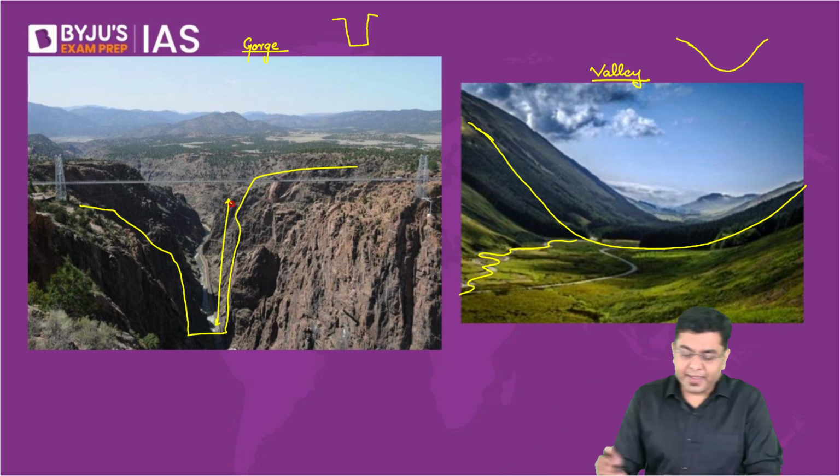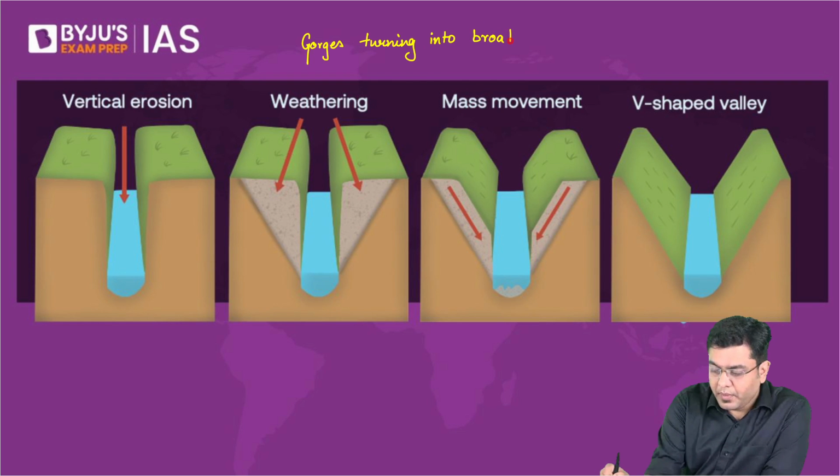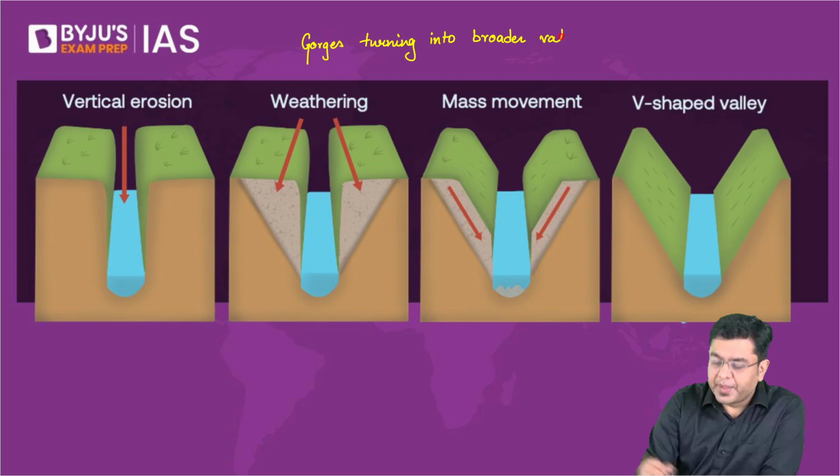So this is basically the entire schematic of gorges turning into broader valleys. So observe here.